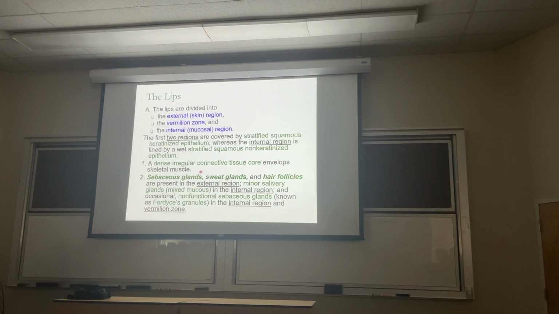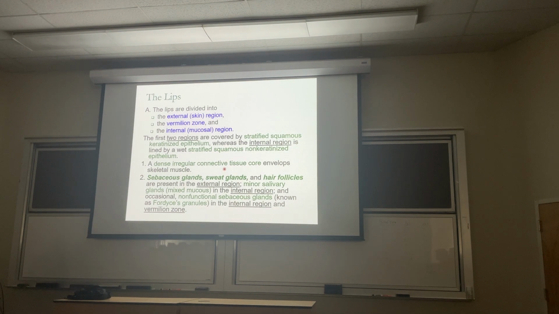In the lip, we have some skeletal muscle, and that skeletal muscle, if you've taken any anatomy, that's the orbicularis oris, comes around the mouth. And that's surrounded by a dense irregular connective tissue.